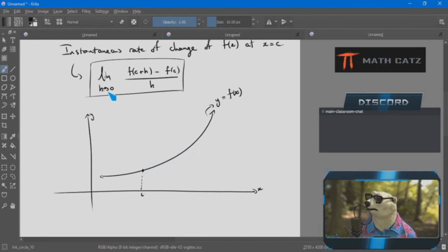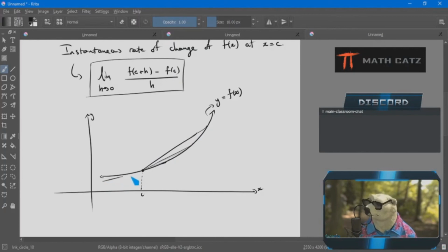We want to let the window size h shrink down to 0 essentially, but we can't actually have a secant line with no change in the x value, because then we're dividing by 0. So that's not going to work. Hence, we look at the behavior and see which way these secant lines are headed. A secant line has a slope, change in y over change in x, as we let this window change.